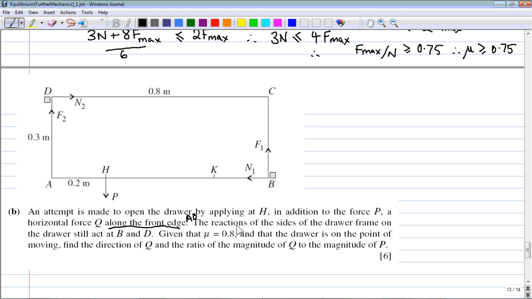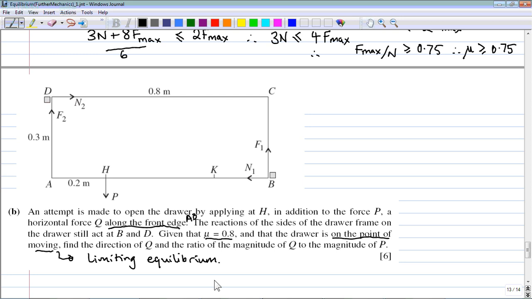The reactions of the side of the drawer frame are still B and D, no change there. But now we are given the value of mu, 0.8, and we're also given that the drawer is on the point of moving. This is one of those code phrases that means limiting equilibrium, which you should be familiar with from doing Mechanics 1 in A level.